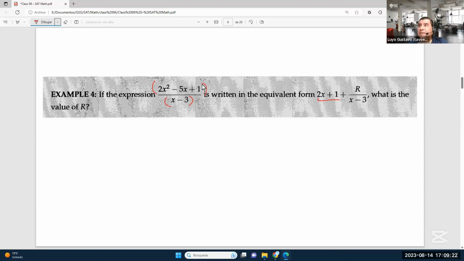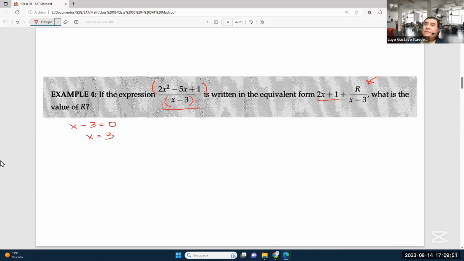So since it is the remainder we are trying to find, we can directly use the remainder theorem. What is the value of x that makes the divisor in the division, x minus 3, equal to 0? Well, that value is 3. So when x minus 3 equals 0, x must be 3.